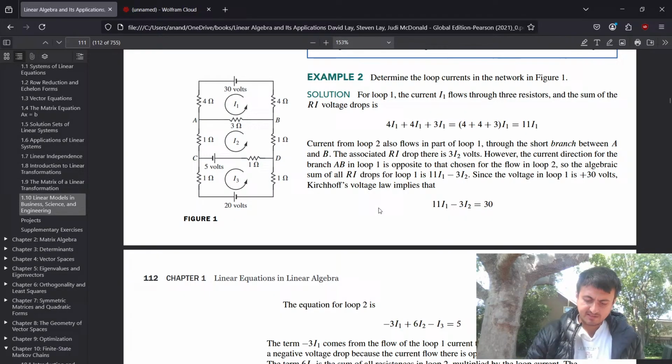So I understand that loop 1 is 30 volts is equal to 11 times the current through the first loop minus 3 times the current in the second loop. Then 2, we have 5 volts is equal to 6I2. Wait, actually, hold on.